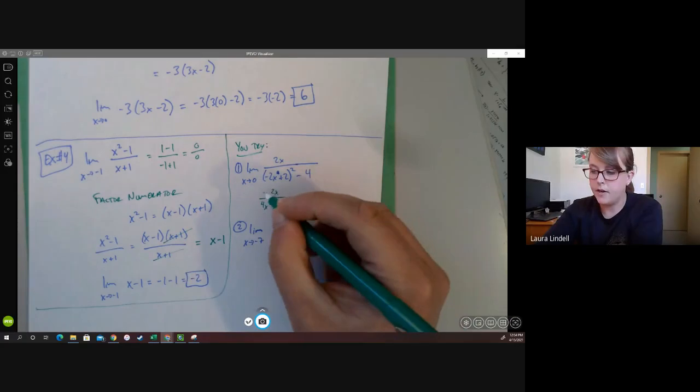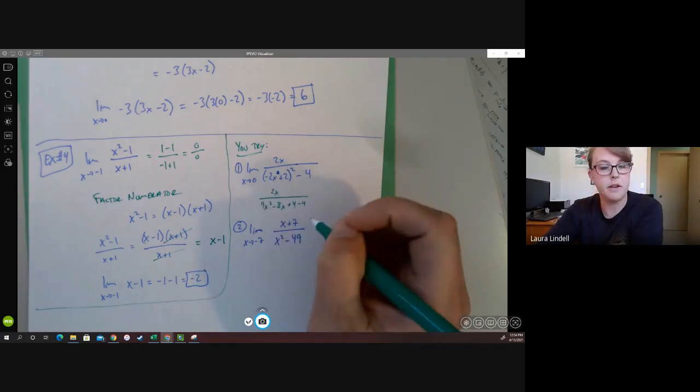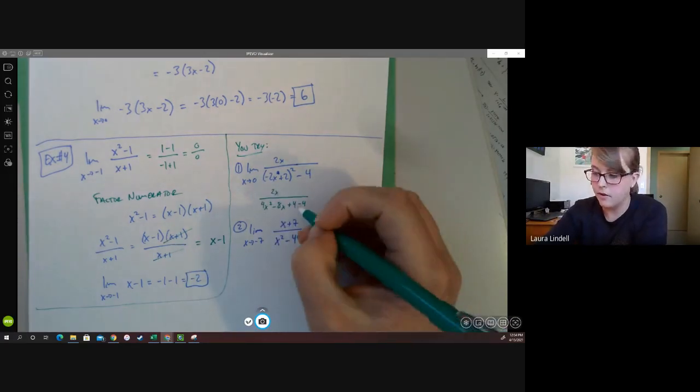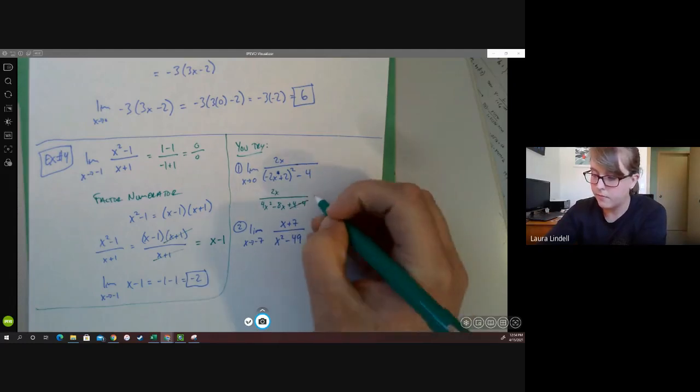You're on the right track on the first one if this is how you expanded it, and then saw that you could cancel the 4s.